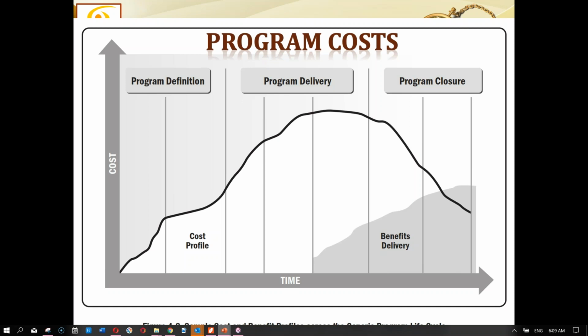Project cost was a smooth curve which rises smoothly and gradually, then steeply gets to its peak, remains there for some time, and then starts coming down. It shows the same kind of trend, but because there are separate phases of the program life cycle, the behavior in each phase is slightly different.